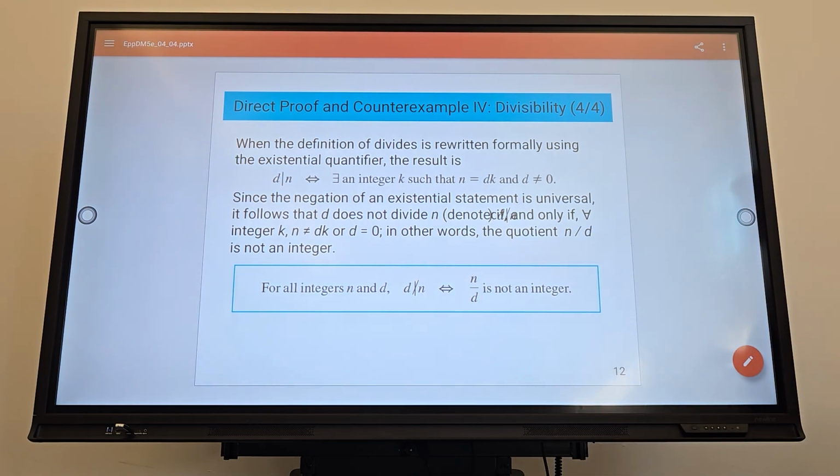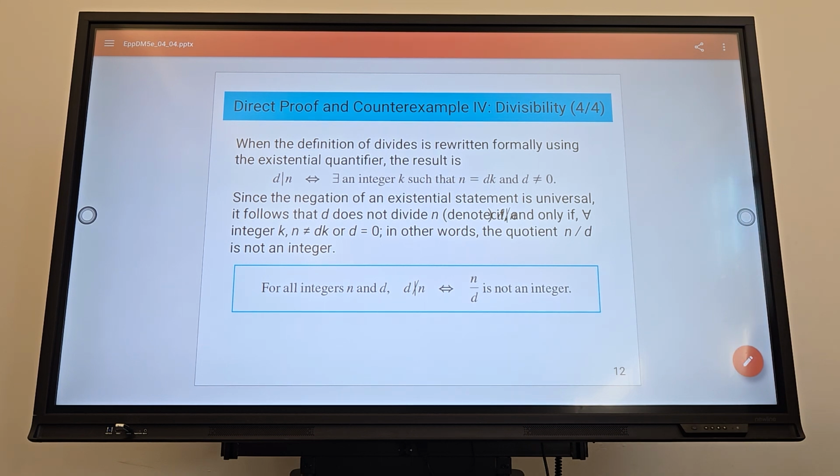When the definition of divides is rewritten formally, it is using the existential quantifier. Since the negation of an existential statement is universal, it follows that d does not divide n if and only if, for all integers k, n does not equal dk, or d equals 0.